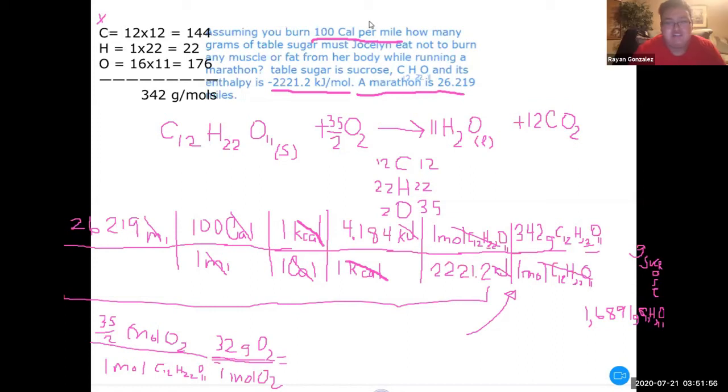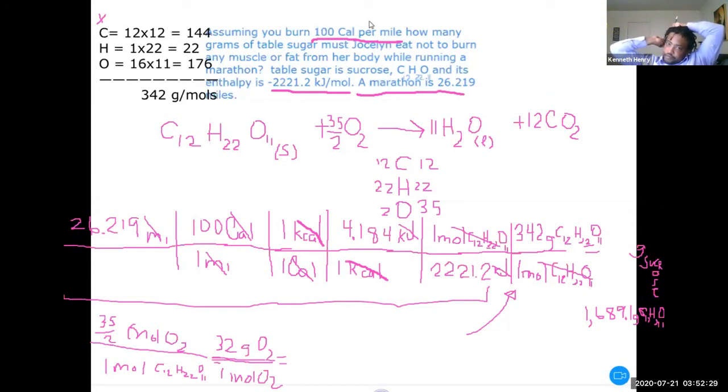So the answer is 1.6889 grams of table sugar? There's a 0.1. Because it's 5 sig figs, 1, 2, 3, 4, 5. So it's 1,689.1 grams of sucrose.